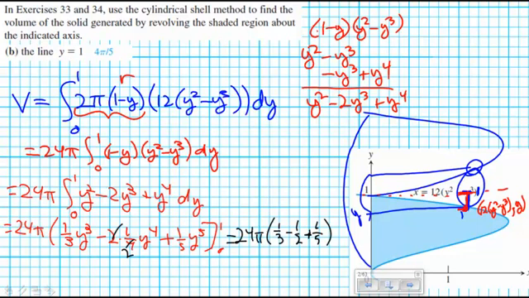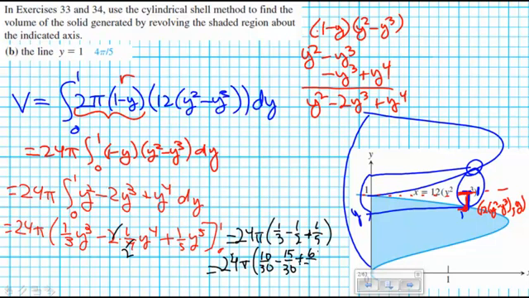Common denominator of 30. Fractions, fractions. Okay, 10/30ths minus 15/30ths plus 3/30ths. No, 6/30ths, isn't it?